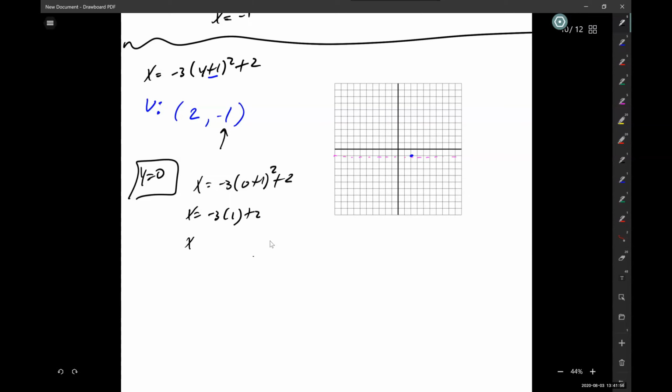So that gives me the point -1, comma 0. All right, so plotting that point, -1, comma 0. It's right here. Just like before, I'm going to mirror that over on the other side. And then draw our graph.